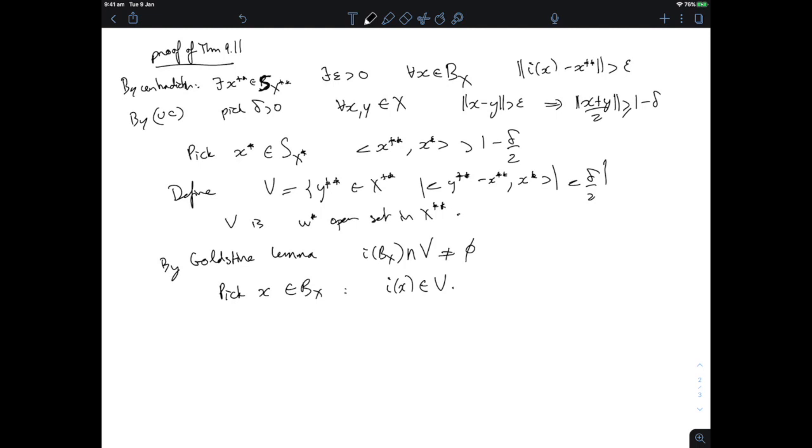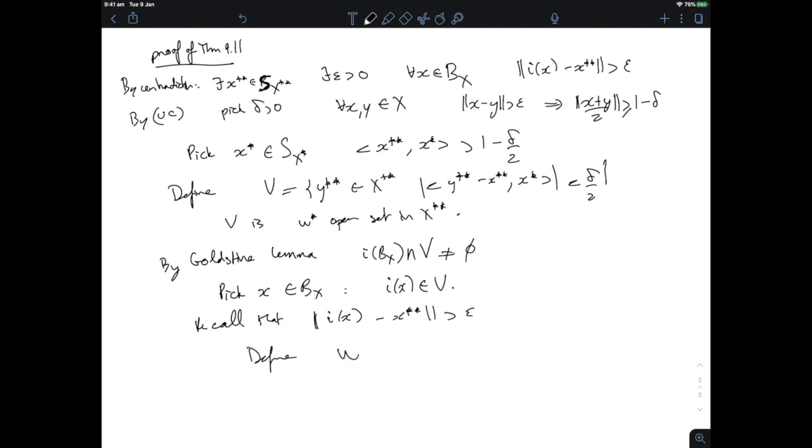Now, what can I say? Well, remember that I of x cannot be too close to x double star, right? Because, well, this was the starting point of our contradiction argument. Every element I of x has to be epsilon away from x double star. So now you can define another weak star open set.